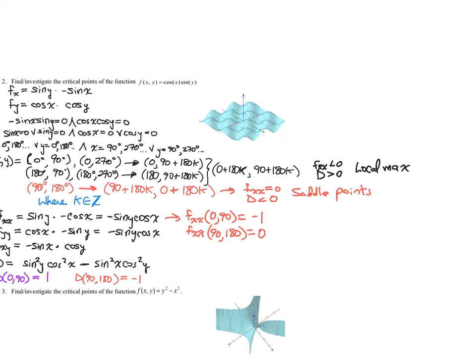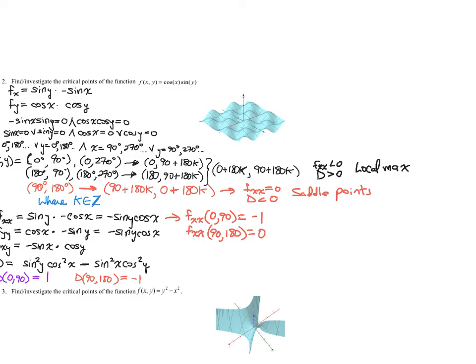So let me see if I can salvage this. So 0, 90 we did. 0, 270 is the one that would give me a positive. If I plug that in here, yeah, that's the one that would give me positive.